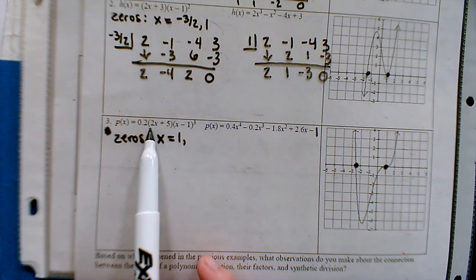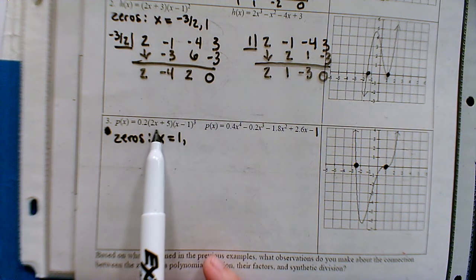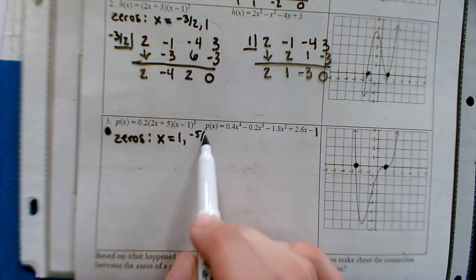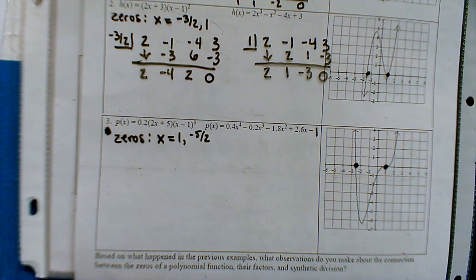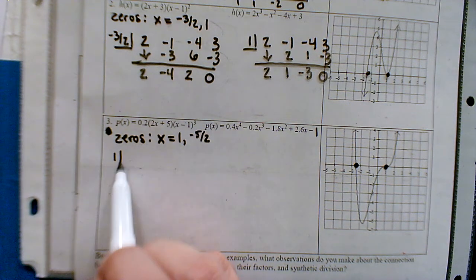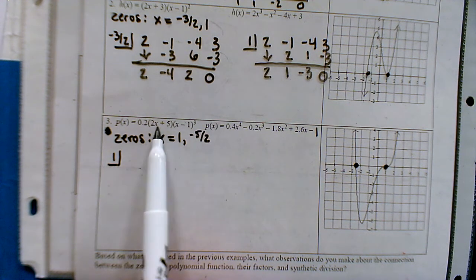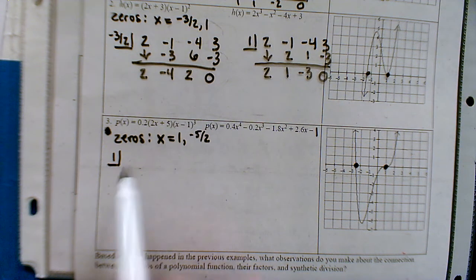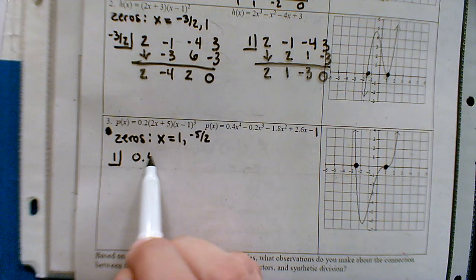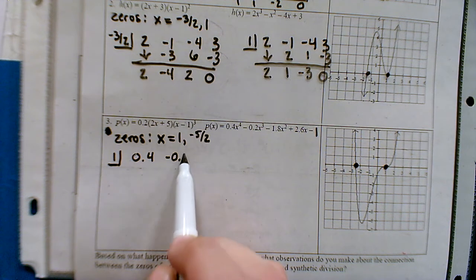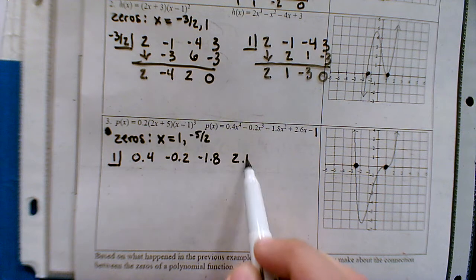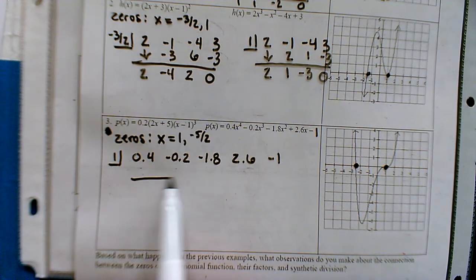So maybe we'll go based off the factor. 2x plus 5, if you set that equal to 0, you'd have negative 5 over 2, which happens to be the same thing as negative 2.5. So let's see if we were to divide these factors into the polynomial, what would we get? We have decimal coefficients this time, but don't get too worried about those. It works the same way.